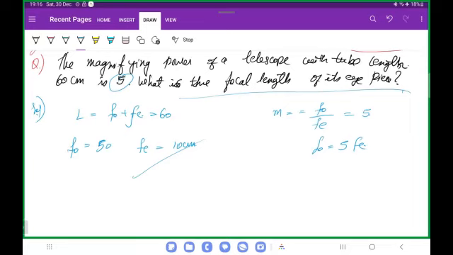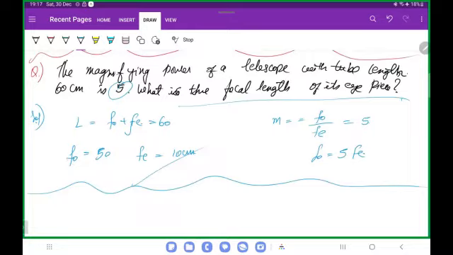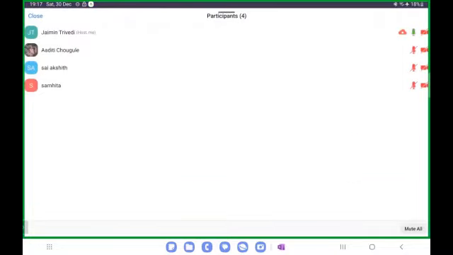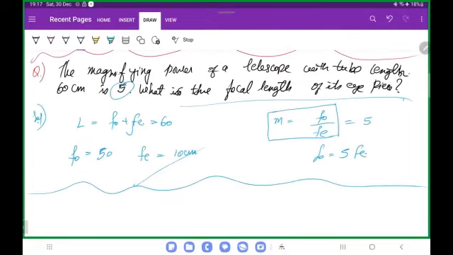Option is not there. 20, 30, 60. Yes, option D, it is 10 centimeter. Samhita, will you now remember? No, sir. Now you will remember, I'm saying. You have to remember this formula now.